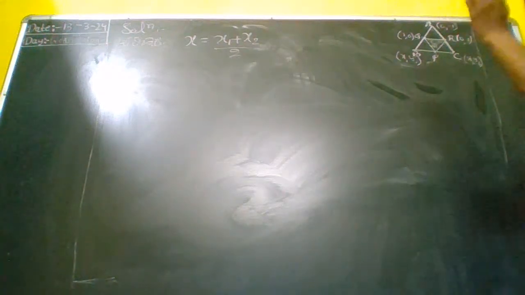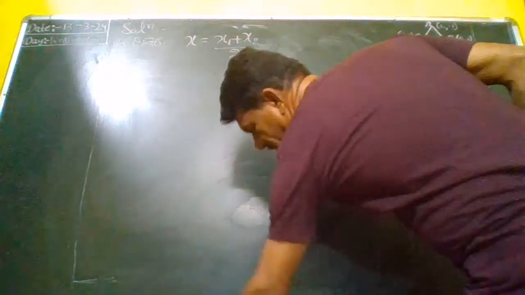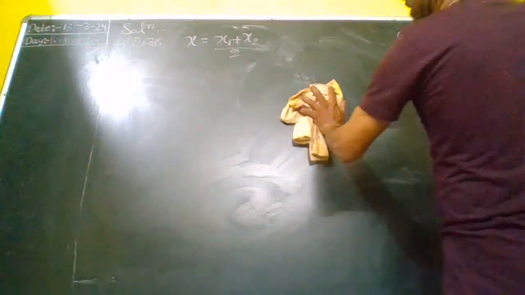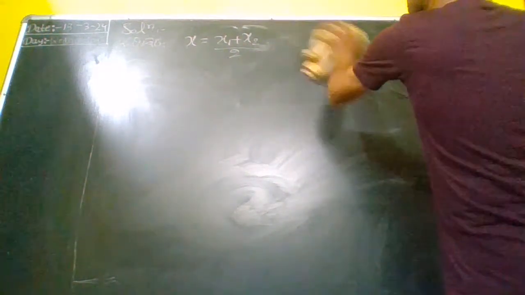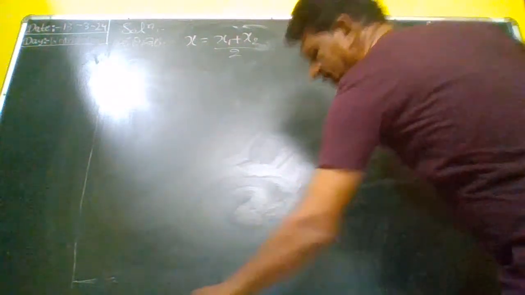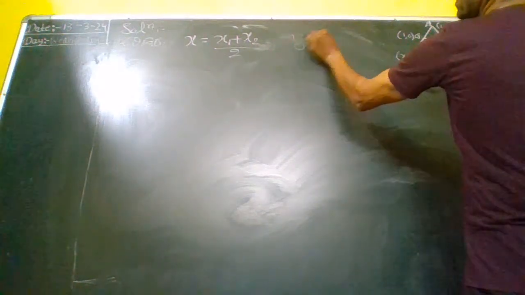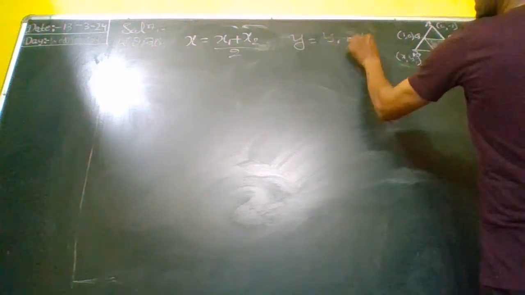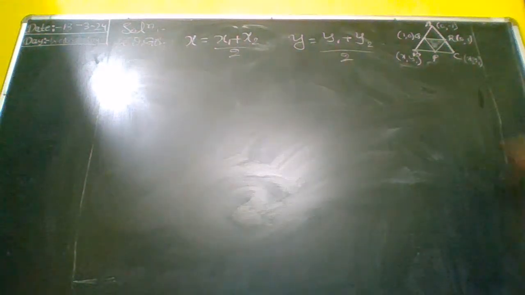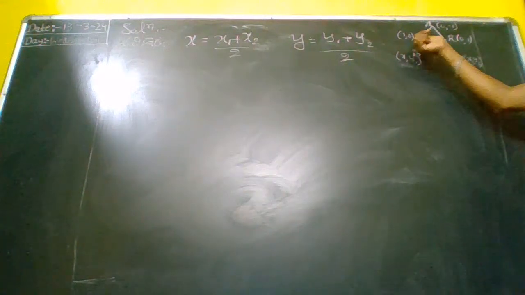It is a special case of the section formula. When you take the m1 and m2 values as 1, you will get the midpoint formula. For the y coordinate, it is y is equal to y1 plus y2 divided by 2.